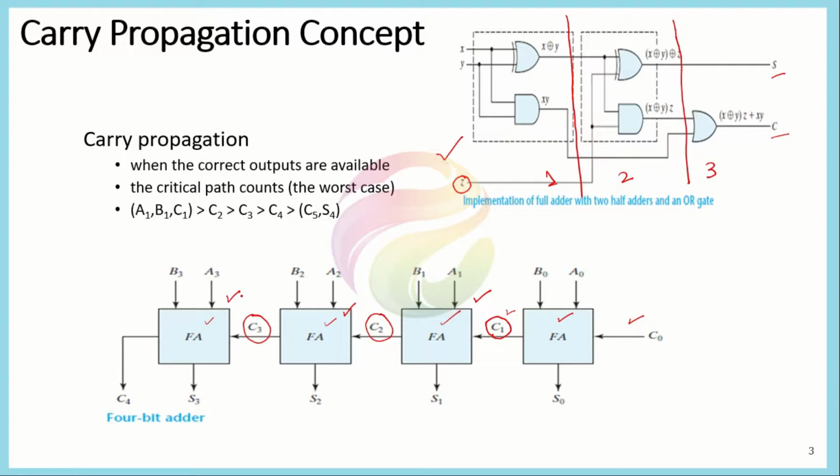So for the whole of this circuit, just for the carry part only, we would require 2 cross 4 is equal to 8 gate level delay.